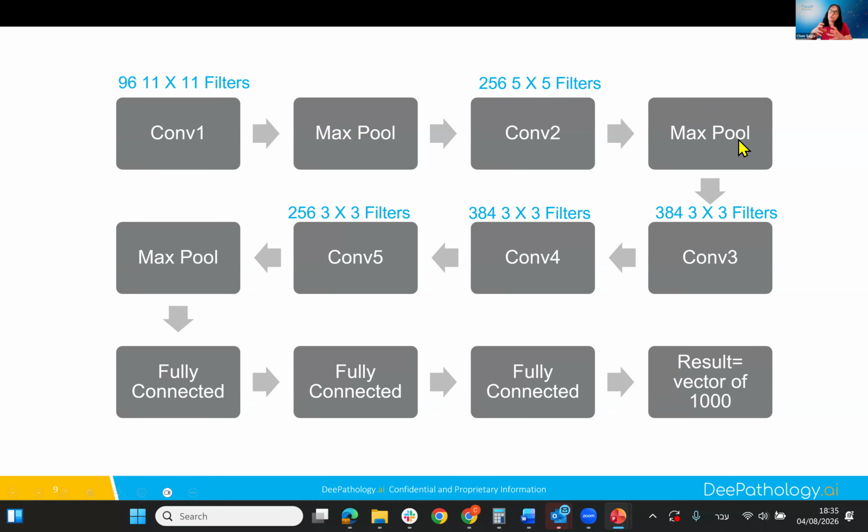And this means that we are creating coarser and coarser features. So you are squeezing and squeezing the information until you finally get the result of a vector of 1000. And I want to stop here for a moment, because in a way, when you look at that, it doesn't make sense that it works.